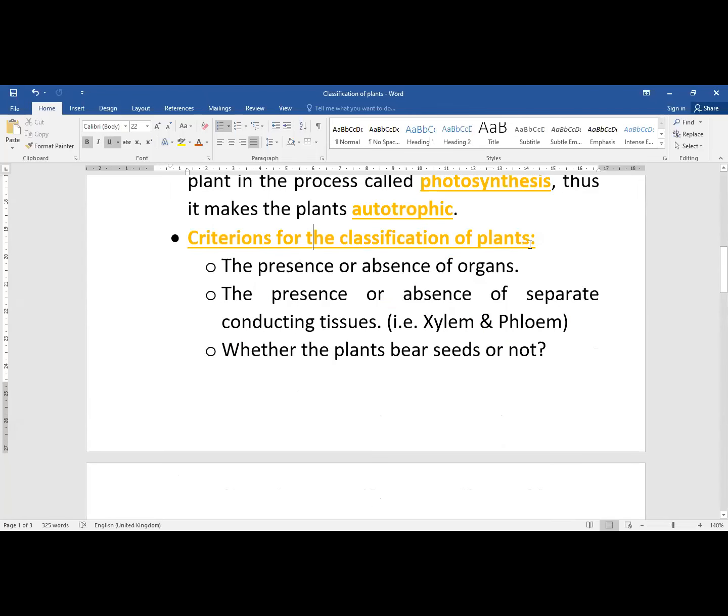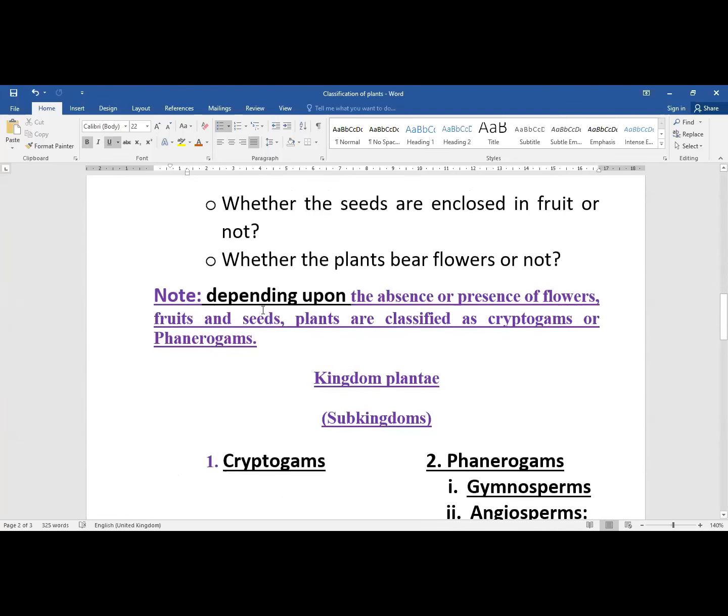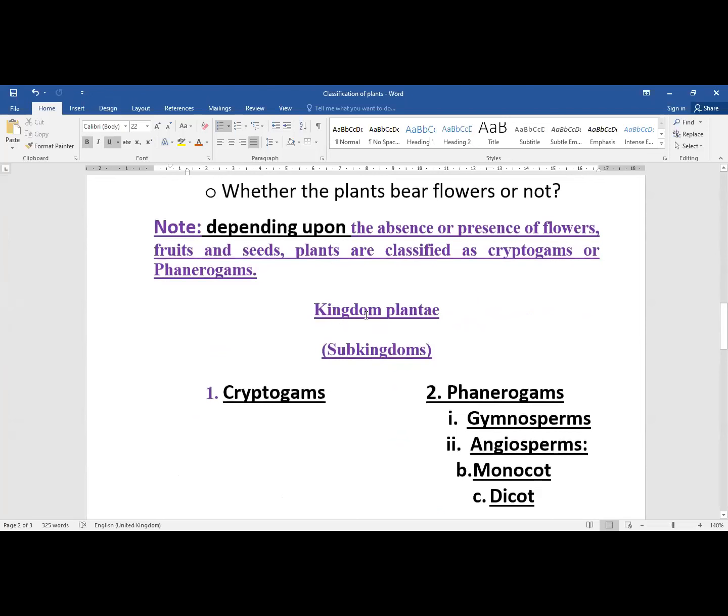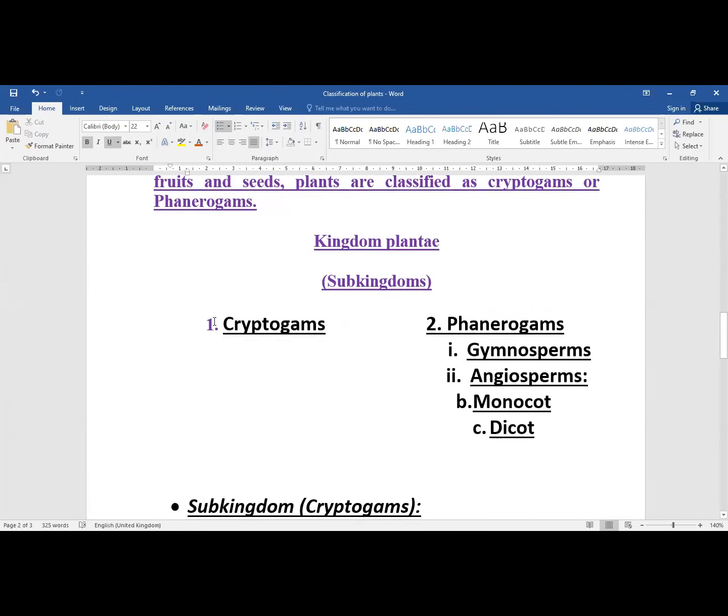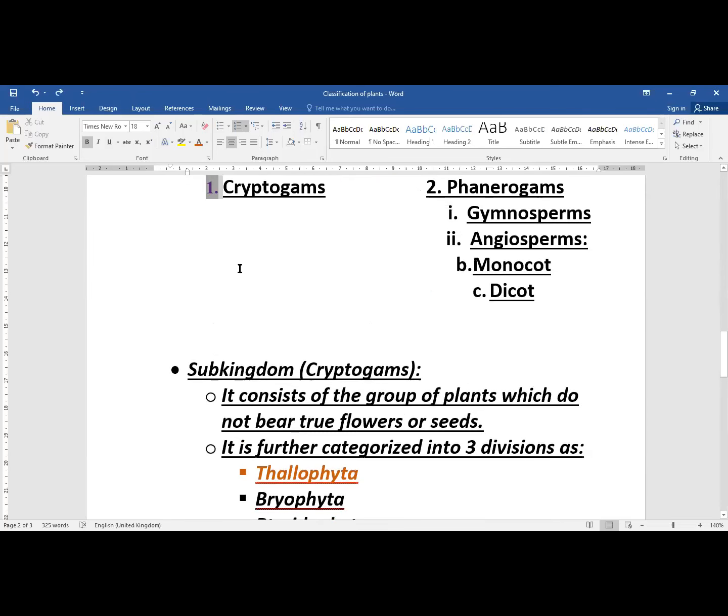Then we discussed the criteria for the classification of plants, based on which we categorized kingdom plantae into subkingdoms cryptogam and phanerogam.